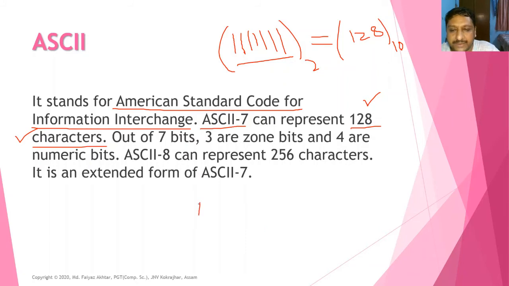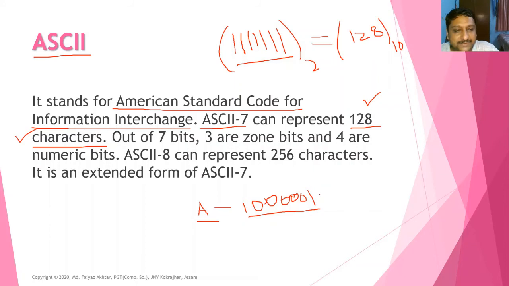For letter A, in computer, in ASCII code, for symbol A, the value is given like this: 1 0 0 0 0 0 1. Total how much? 1 2 3 4 5 6 7 digits. In ASCII 7, the symbol A is given a sequence number like this.